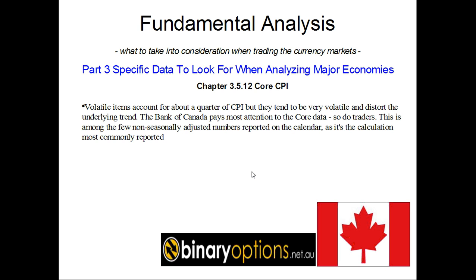Therefore, the Bank of Canada pays most attention to the core data. So do traders. This is among the few non-seasonally adjusted numbers reported on the calendar, as it's the calculation most commonly reported.